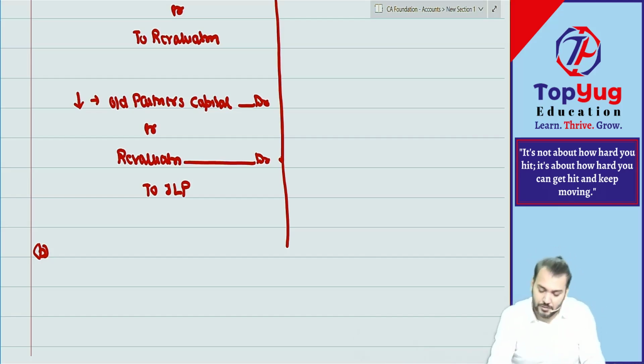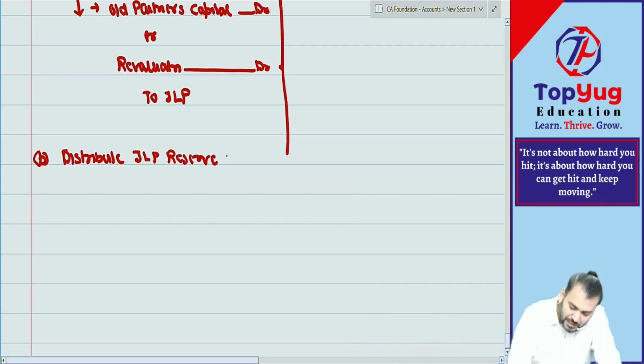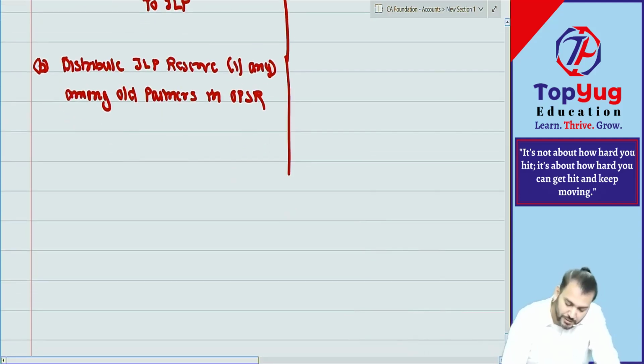Distribute GLP reserve, if any, among old partners in OPSR. What journal entry?